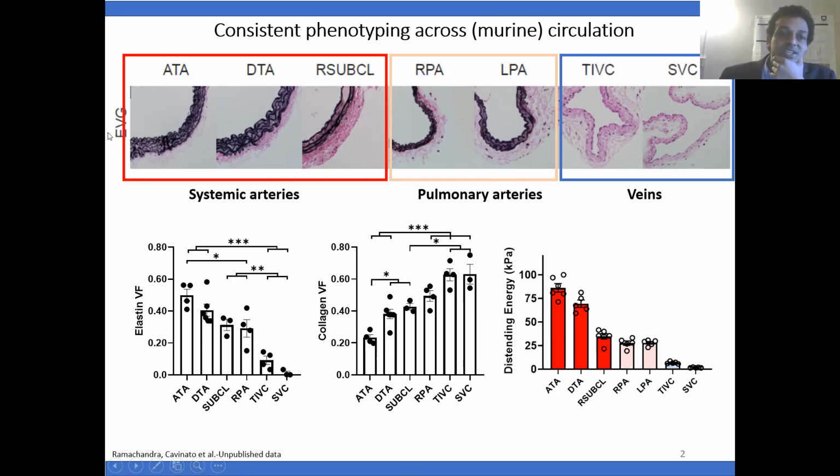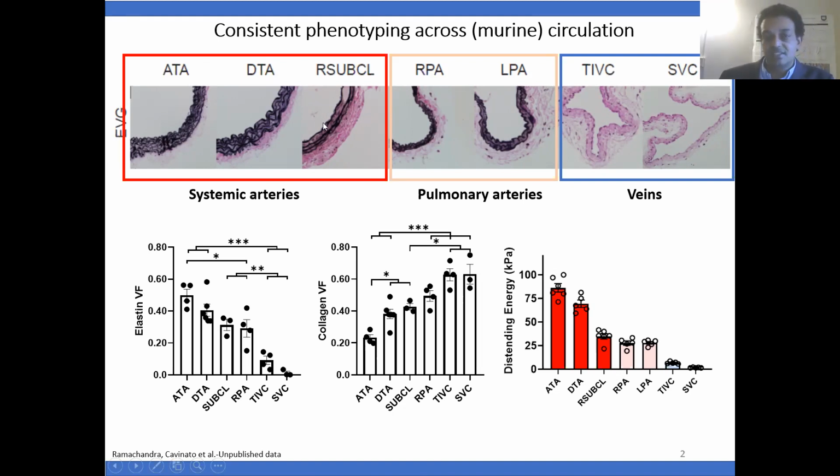On the top is an EVG stain that stains for elastin, one of the constituents in the vessel wall, black. Elastin gives the wall its ability to distend, or its elasticity.